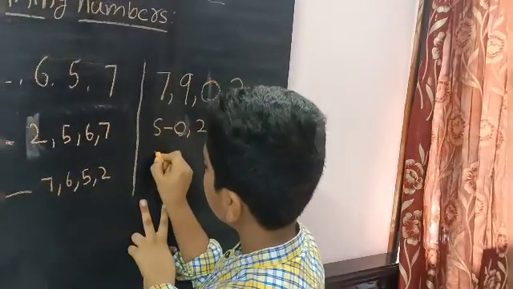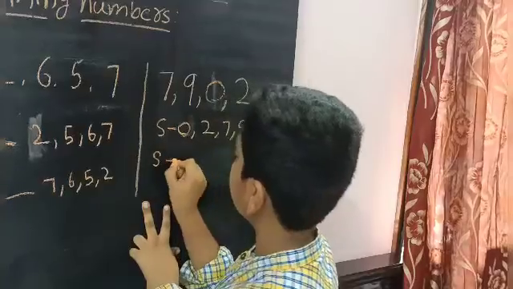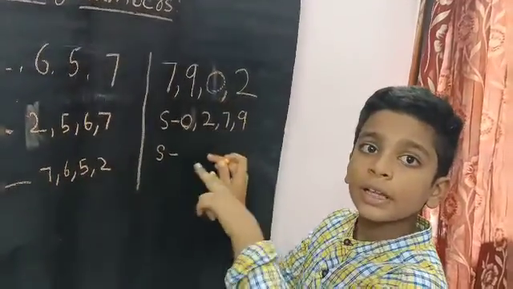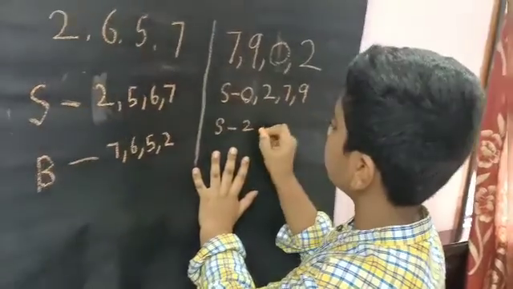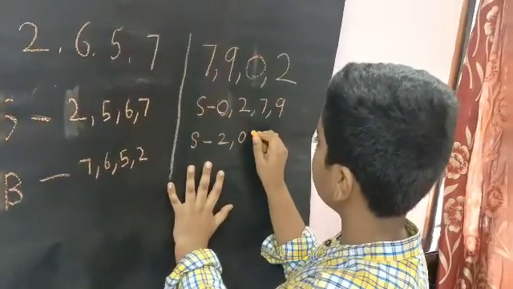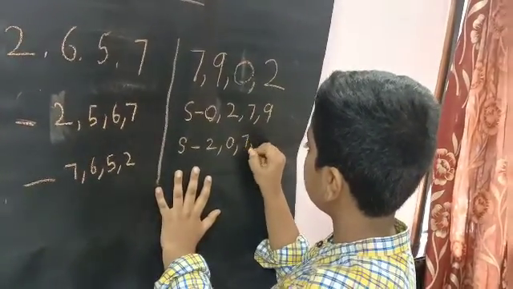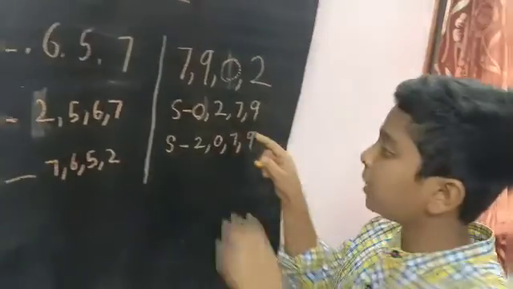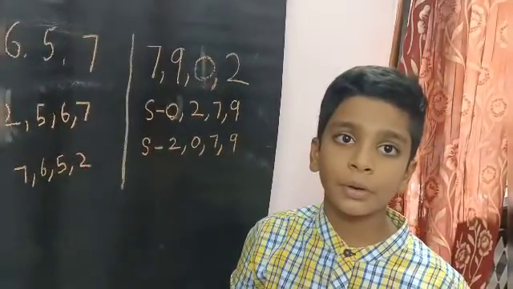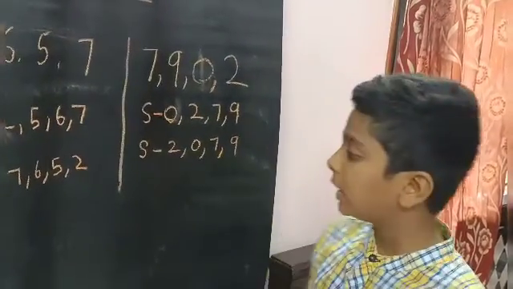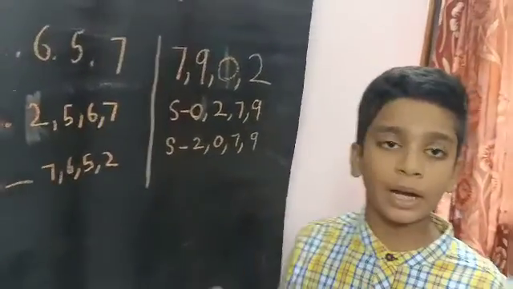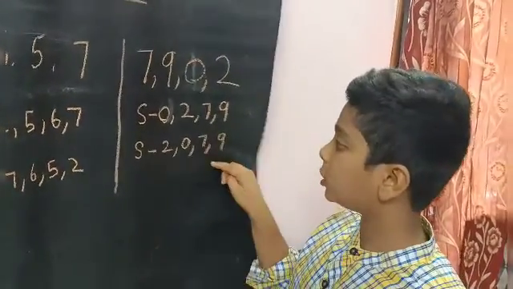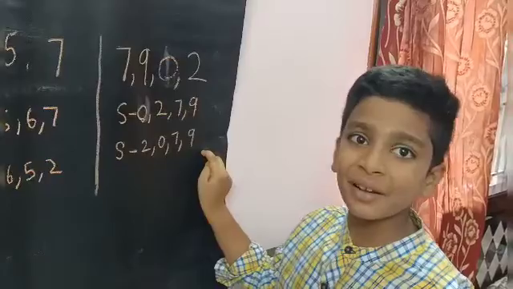Wait. Using these digits only, I will write another small number. See, 2, 0, 7, and 9. Tell me which is correct. Many members say this second one is wrong, but no, both of these are correct.